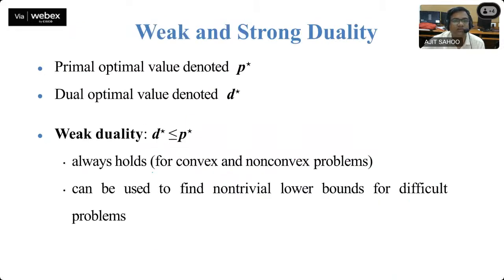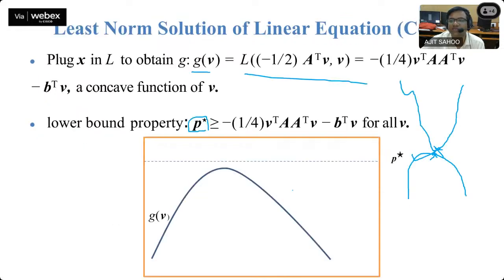Weak duality always holds. This d star is always less than or equal to p star, and can be used to find non-trivial lower bounds for difficult problems. Sometimes the problem is so difficult, we have to find a lower bound for the primal function.